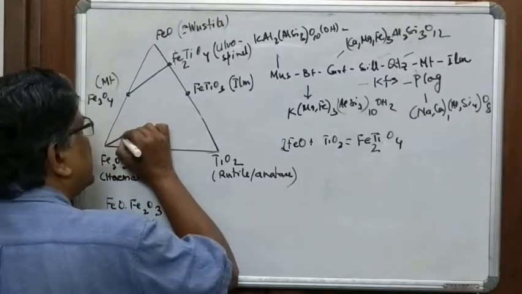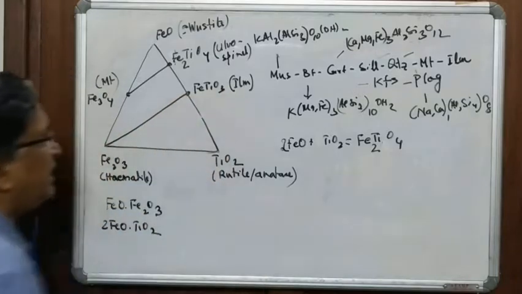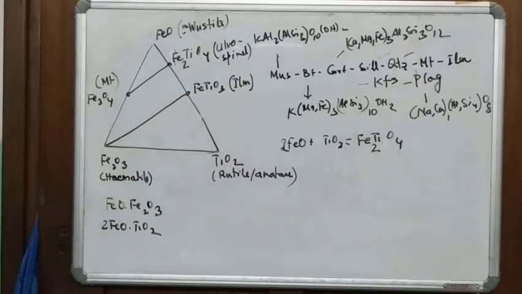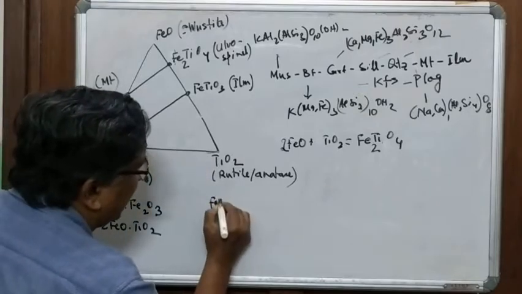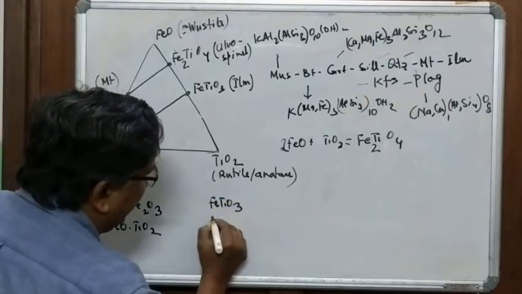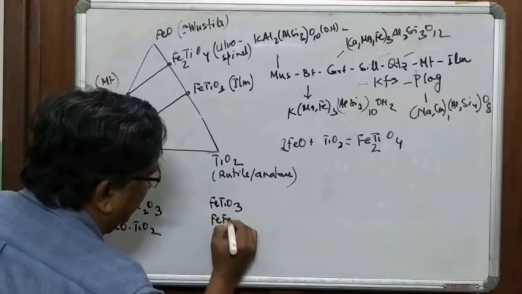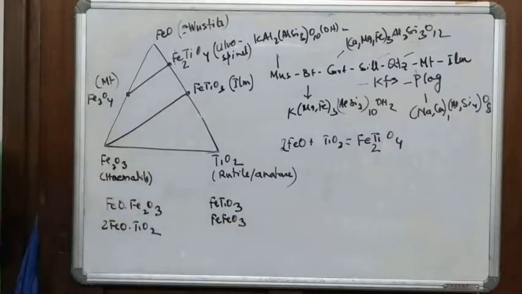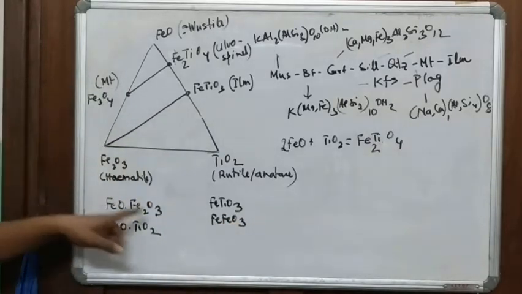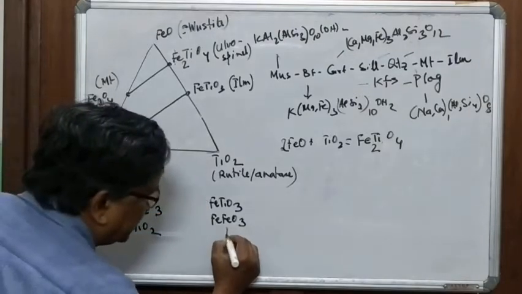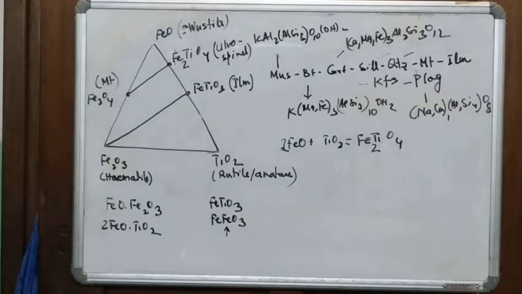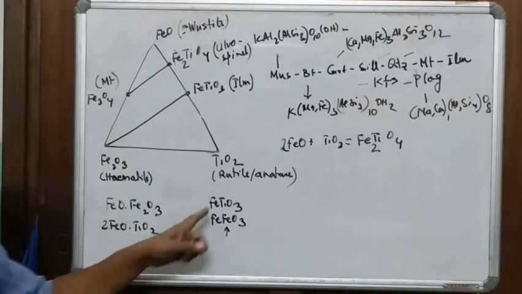And there is also a solid solution between ilmenite and hematite. So that means ilmenite, FeTiO3, and hematite, Fe2O3, so it's FeFeO3 and FeTiO3. The substitution here, you can see, is Fe and Ti.